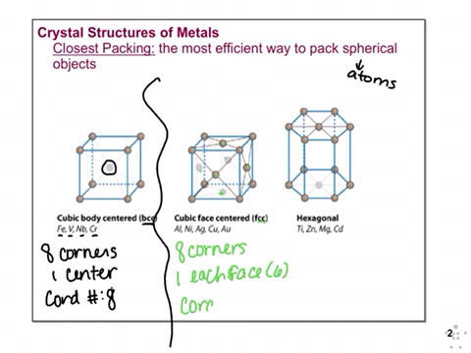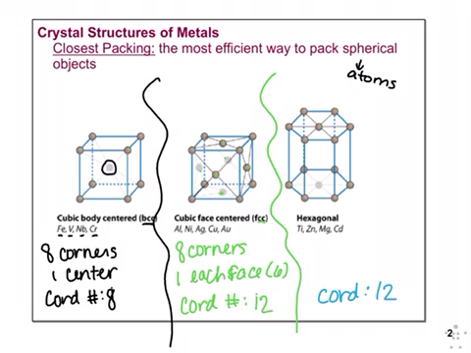The coordination number for any of the atoms found in a cubic face centered structure is going to be 12. And then hexagonal, this is pretty much the same as the cubic face centered in that the coordination number is going to be 12. But this time, instead of forming a cube, we're going to have a hexagon shape. So again, here are the elements that do the hexagonal: titanium, zinc, magnesium, and cadmium.